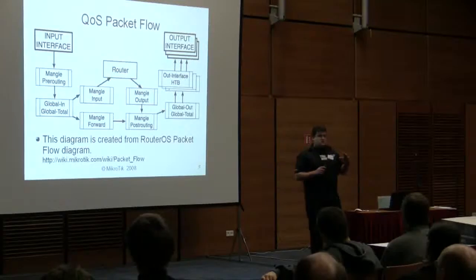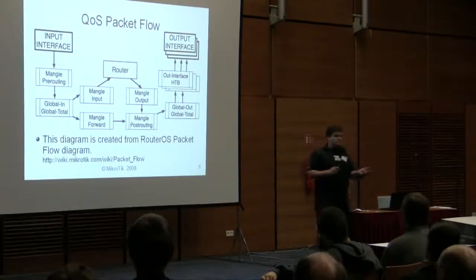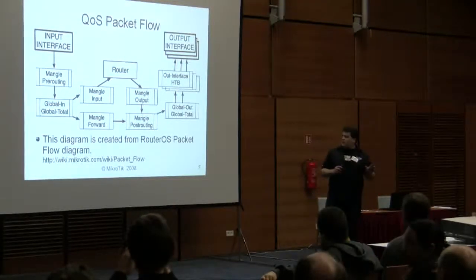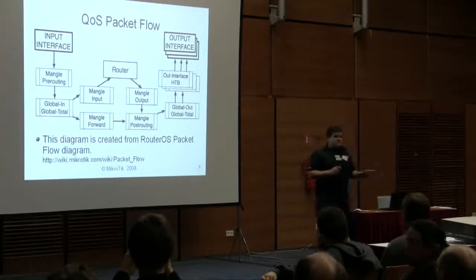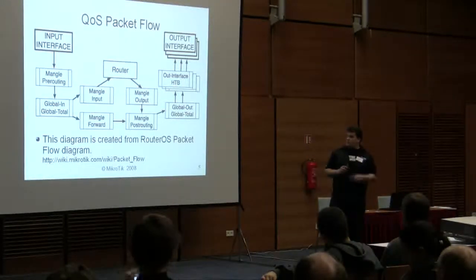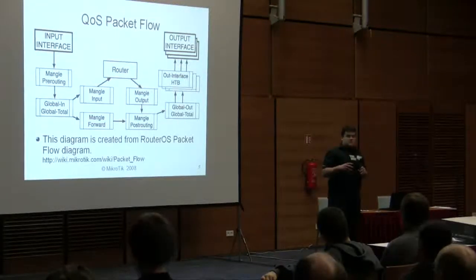So this is the cutout from the original packet flow diagram. I left here only the Mangle and HTB stuff. Nothing more. Everything else is kicked out. As you can see, when the packet arrives, it really doesn't matter whether it arrives through a local interface or a public interface.